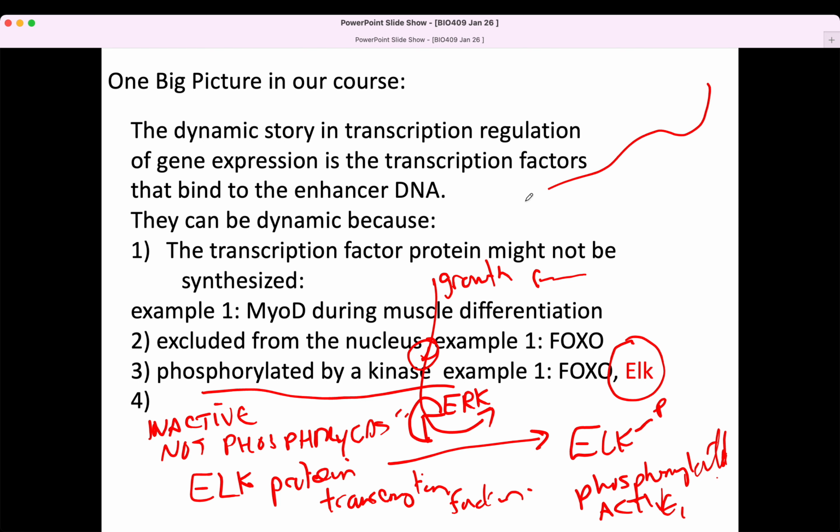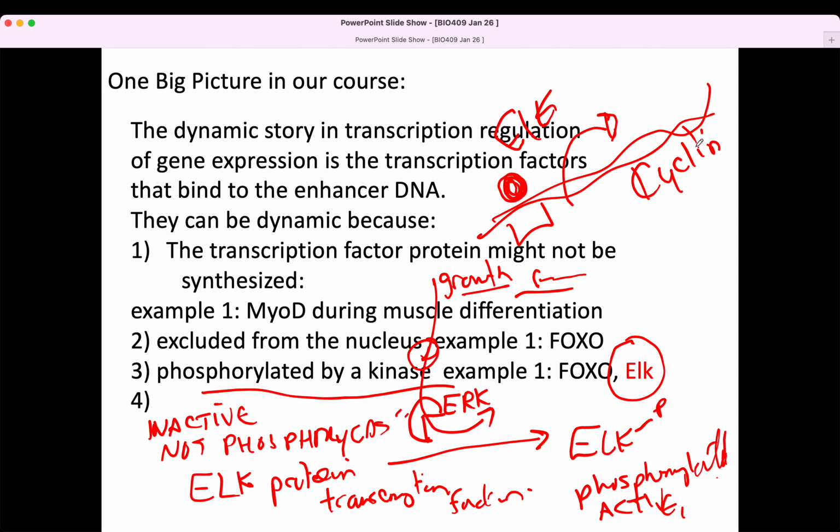And, like in our clay model videos, the ELK binds to an enhancer and activates target genes. And this is a growth factor, and it's stimulating growth because the target genes include a gene for cyclin, which in chapter 18 we'll learn is important in the cell cycle, regulating the cell cycle.